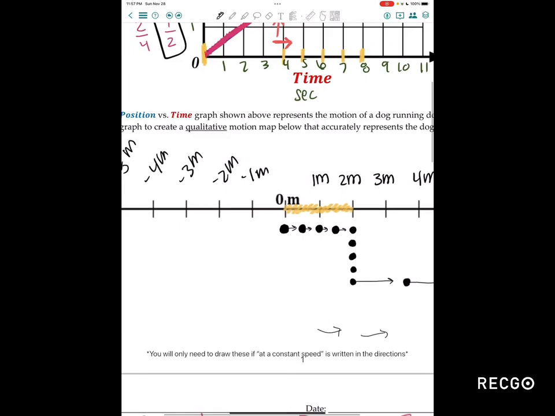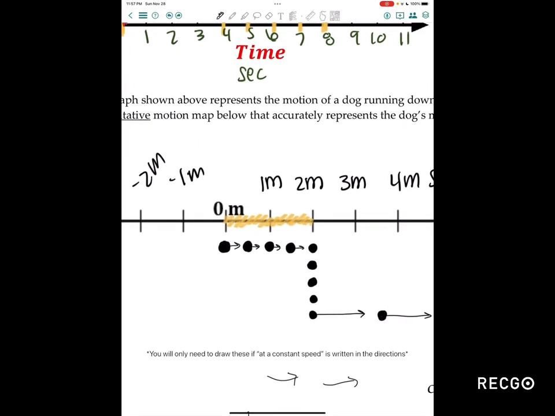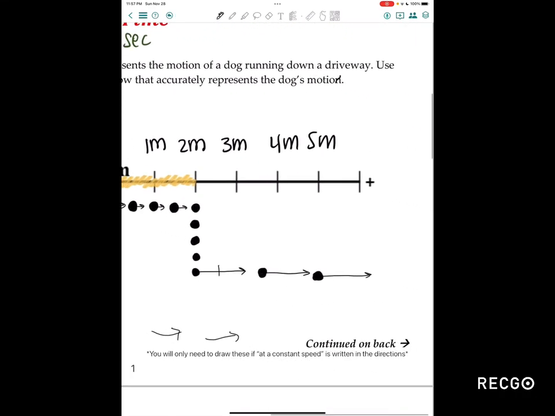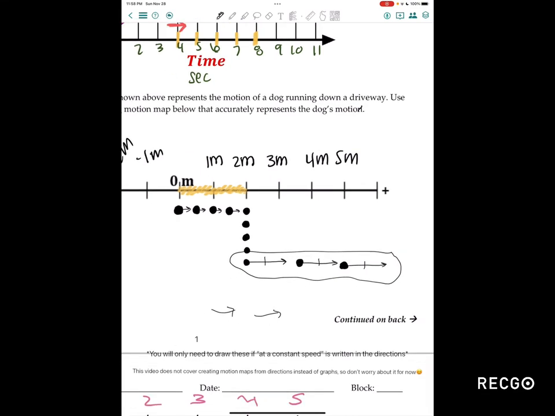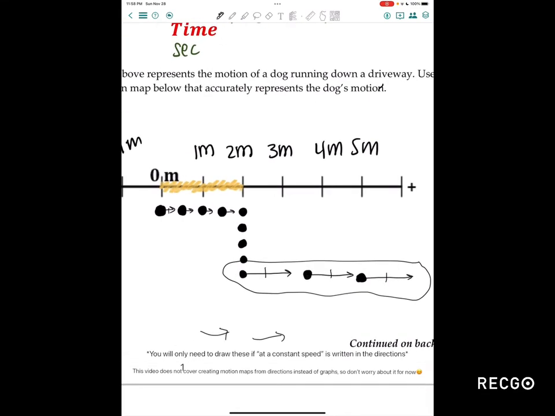Sometimes when you have an object moving at a constant speed, you will add these little marks to show that, okay, on this line the object was moving at a constant speed. However, you cannot do this at the same time as you have these, because that basically says that this line is moving at the same constant speed as this line.